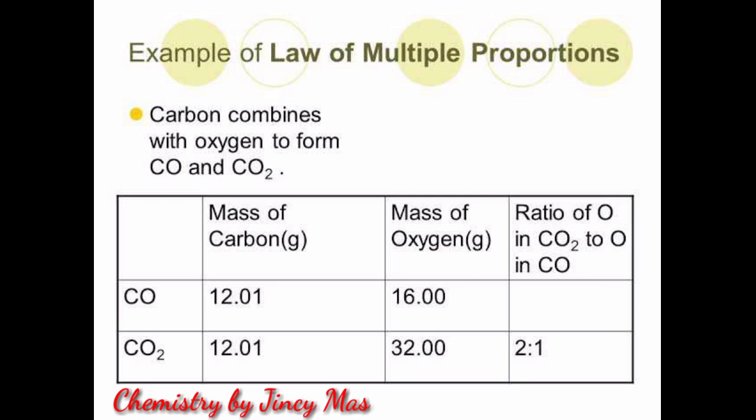Therefore, the ratio of oxygen in carbon dioxide to oxygen in carbon monoxide is 2:1. So that is an example of multiple proportions. The same element can be combined in different proportions to form different compounds.